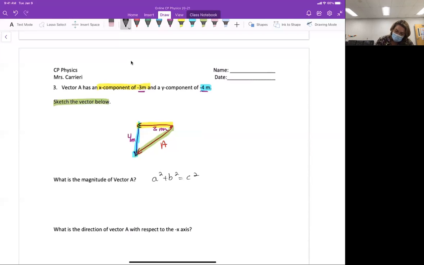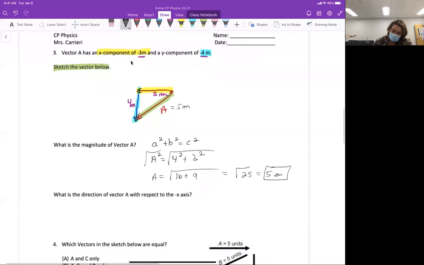So I know that A squared is equal to 4 squared plus 3 squared. I need to get A by itself, so I'm going to take the square root of all of that. A equals the square root of 16 plus 9, which equals the square root of 25, which equals 5 meters. So A equals 5 meters.